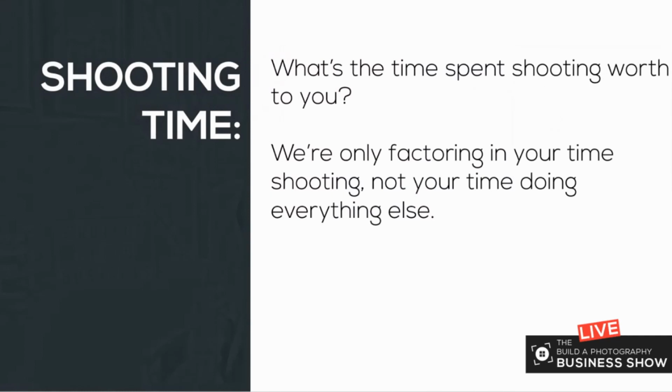So if a shoot takes you 1 hour, is that 1 hour worth $200? Maybe $50? Whatever it is, define what that value is for you and drop it into our formula. And remember, you can always adjust this later once you see all of your numbers in here. But for now, let's go with $50 per hour.